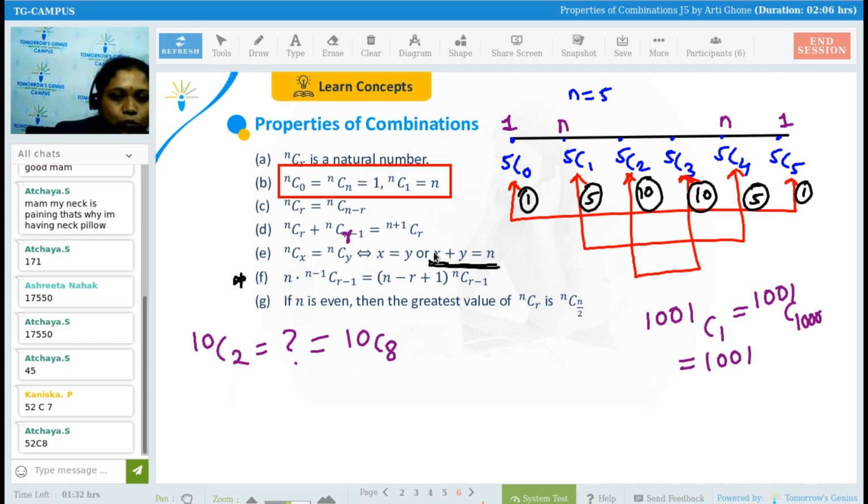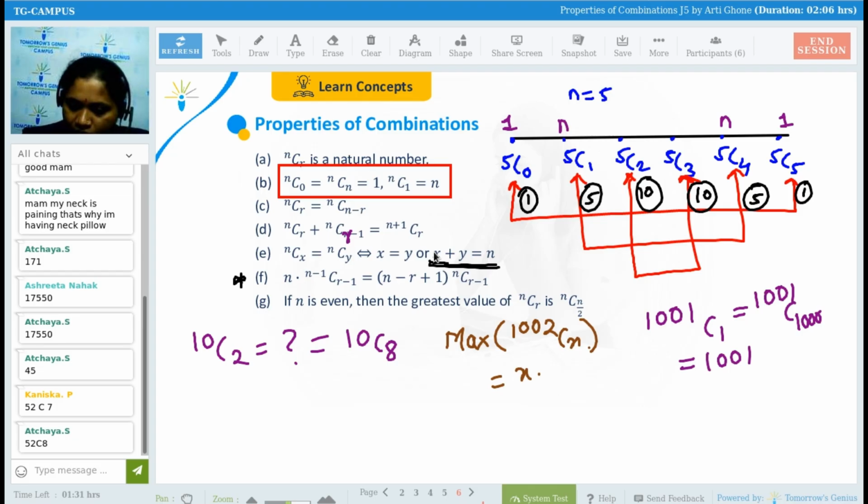So tell me, what will be the maximum combination value of X? What will be the maximum value of this X?